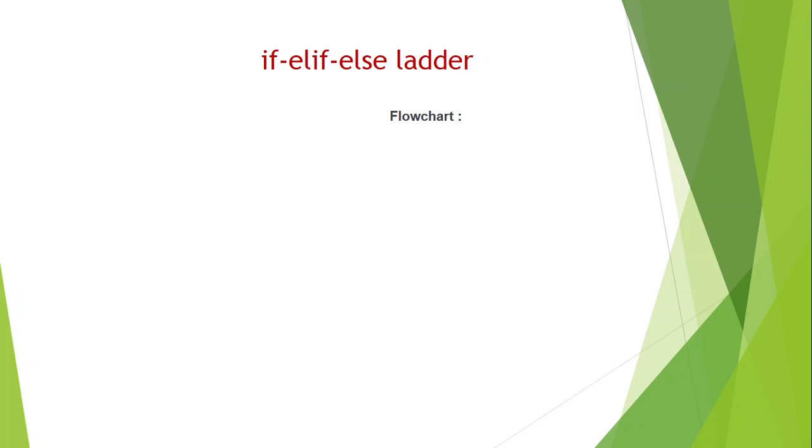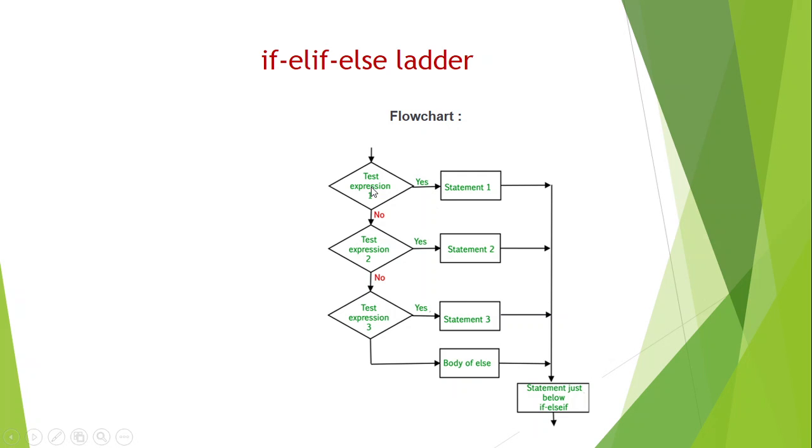Now we have an if else ladder. The flowchart is like this. We have test expression 1. If this evaluates to true, the if block will be executed, and then it will get out of this ladder. The statement just below the if elif ladder will be executed in sequence.